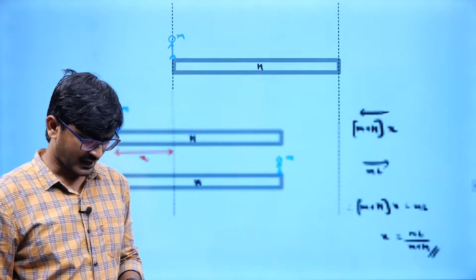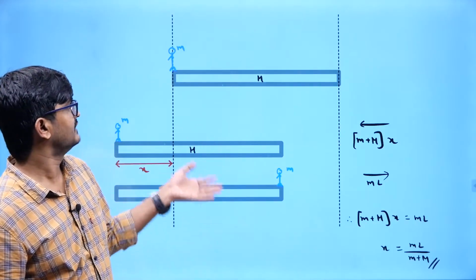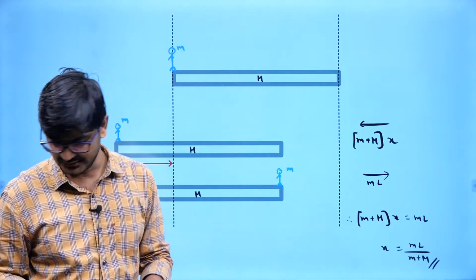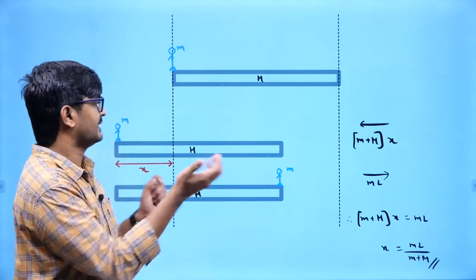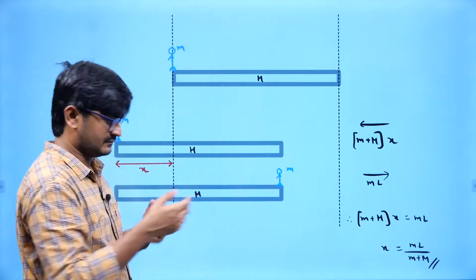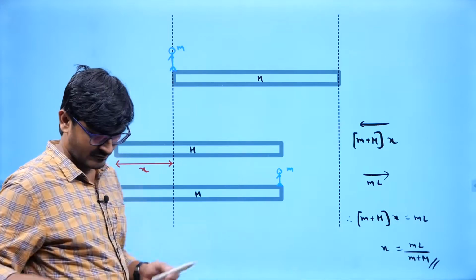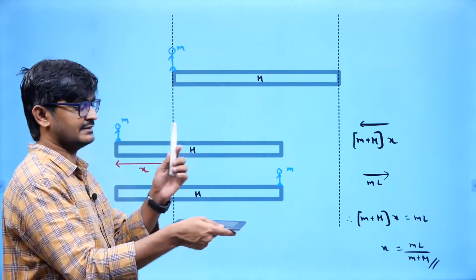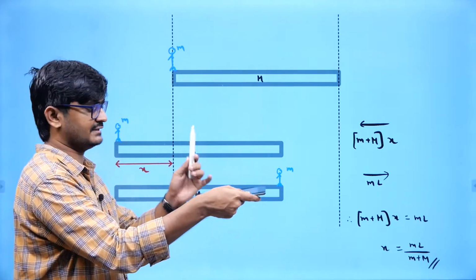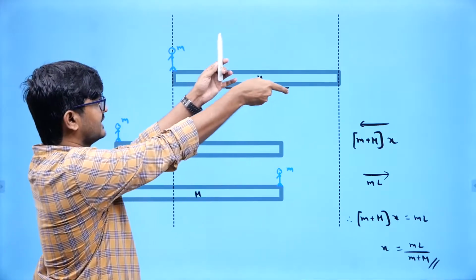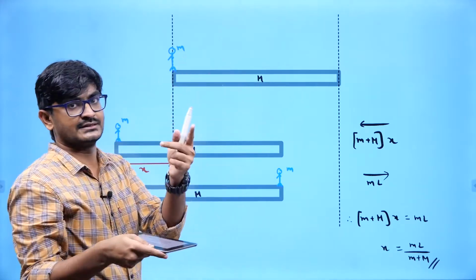Right? Now I will generally be solving it in the other way. How I visualize it is, let me say this is the boat and this is the raft and this is the man. Now I will be visualizing it in two parts. What are those two parts?